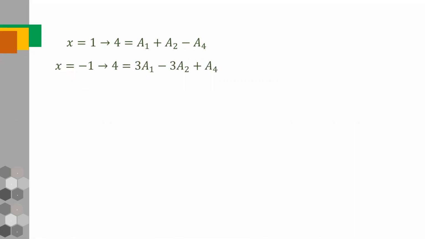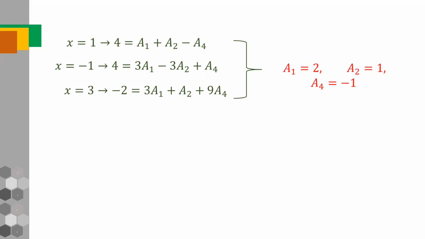Now, we substitute other values of x to form a system of equations in a1, a2, and a4. Using this system of equations, we are going to solve for a1, a2, and a4. We can use elimination or substitution, whichever; the result is correct. Here, your a1 is equal to 2, your a2 is equal to 1, and your a4 is equal to -1.